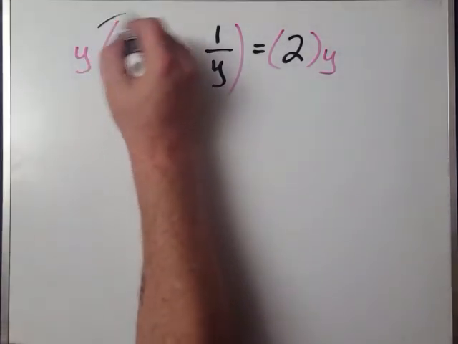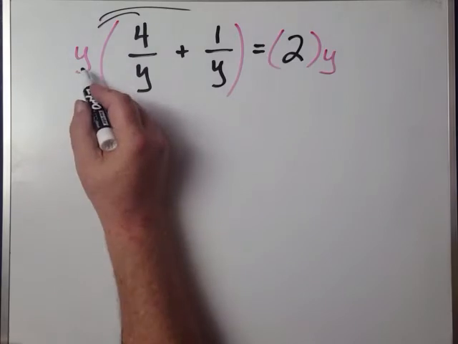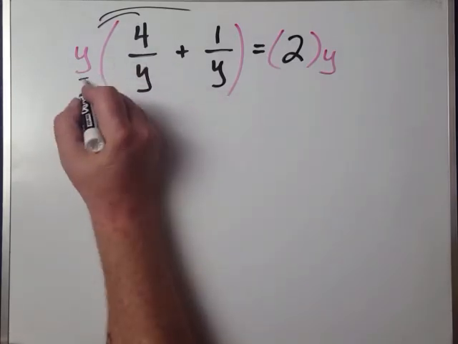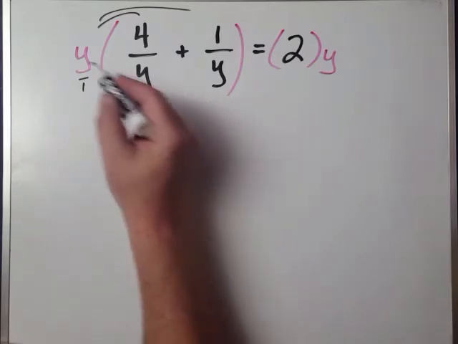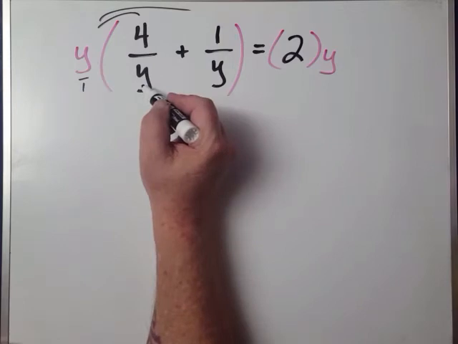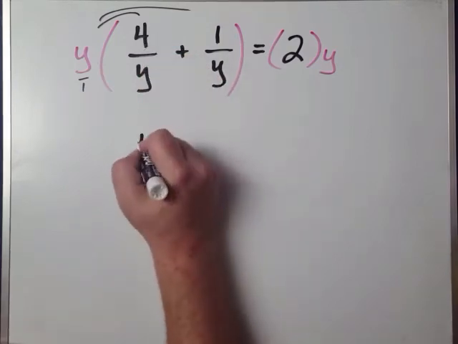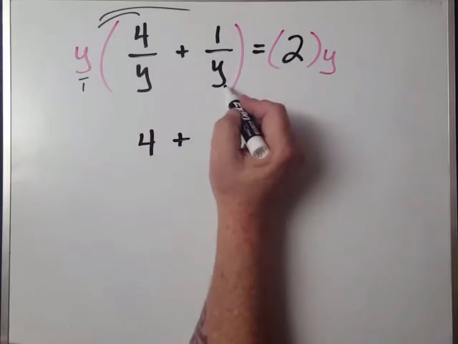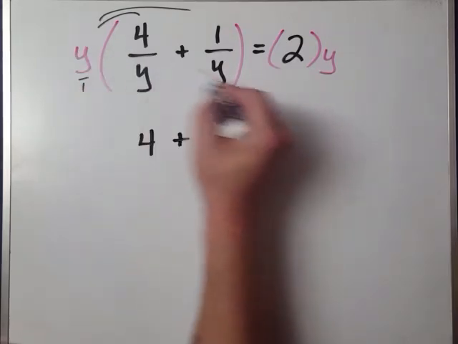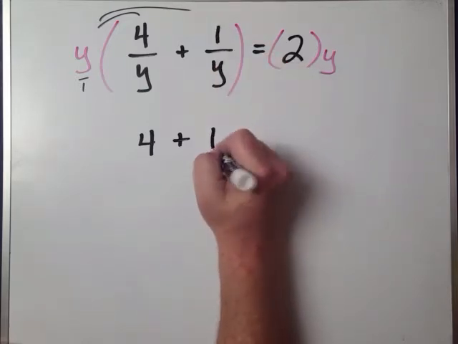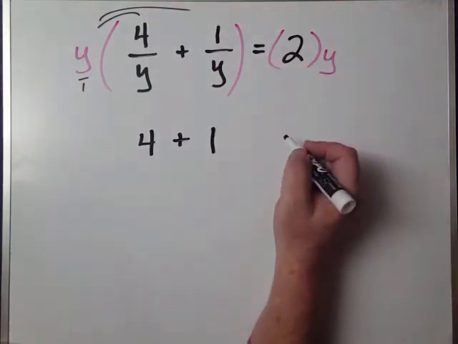Distributing here on the left, y times 4 over y. Remember, this y is over 1. It's in a numerator. What happens? The y's cancel. What survives? Just that 4. Plus, as I distribute to this second term, what happens? The y's cancel. What survives? Just that residual factor of 1 there in the numerator.